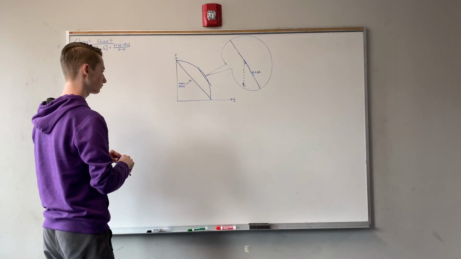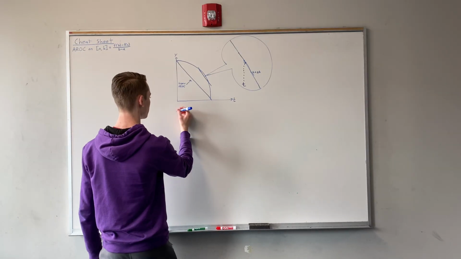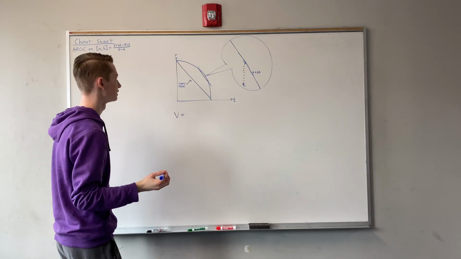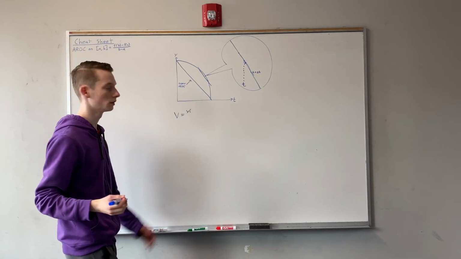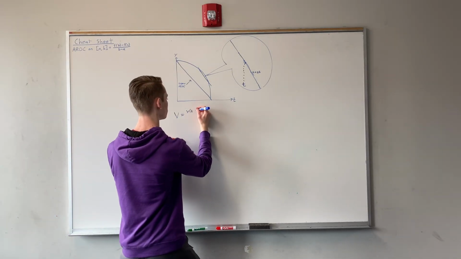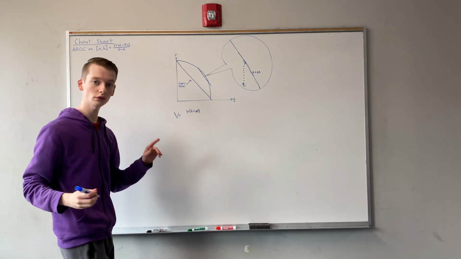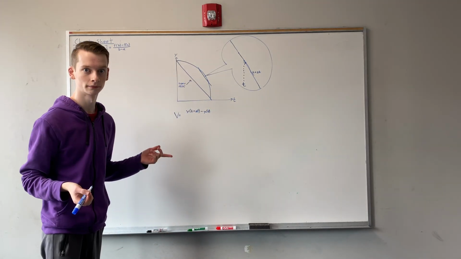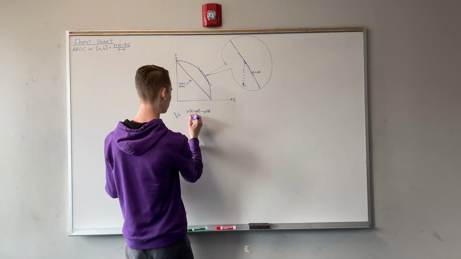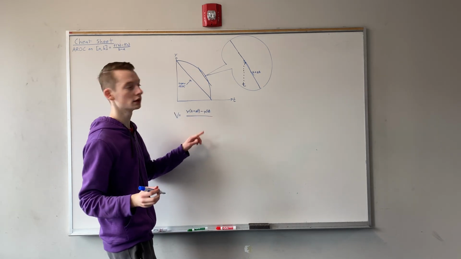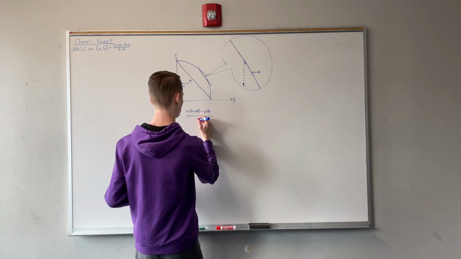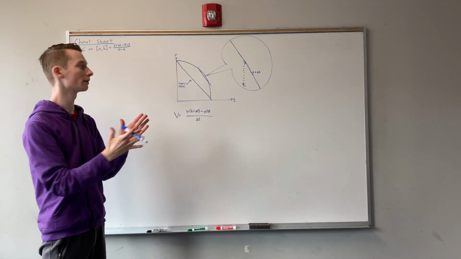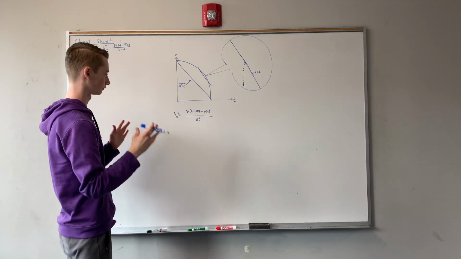So, to formalize that, I would say that the velocity of the marker as it falls is equal to its y value a little after, t plus delta t, minus its y value at the time I'm interested in, t, divided by, that's just change of position, divided by how much time it took to fall that amount.